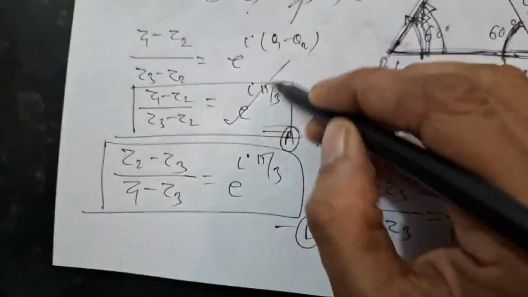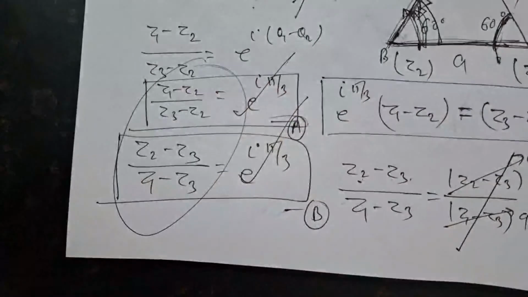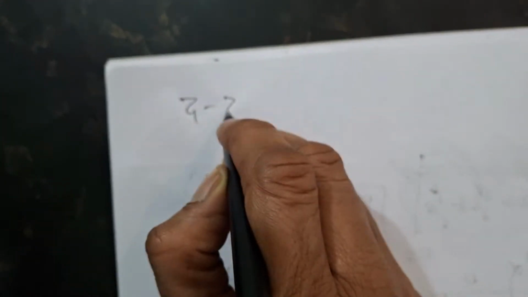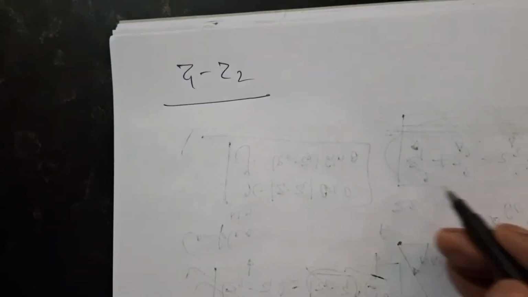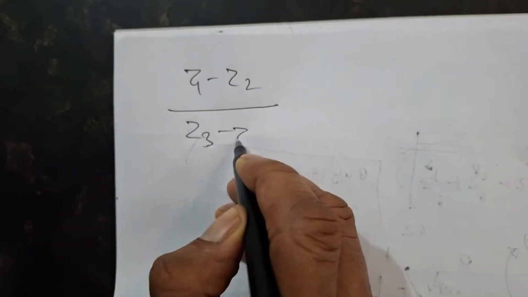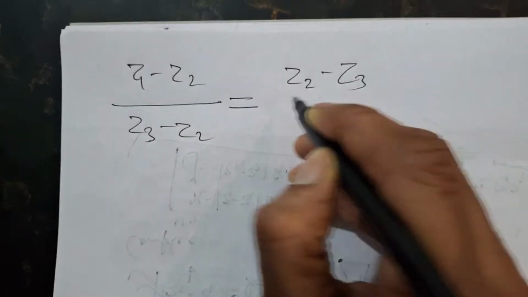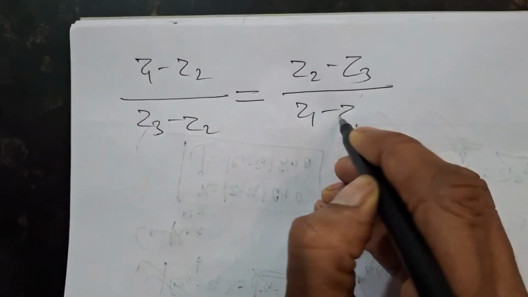Now right side same, dear genius, so left also same. So please make two equations. So (Z1 minus Z2) divided by (Z3 minus Z2) equals this value, (Z2 minus Z3) divided by (Z1 minus Z3).